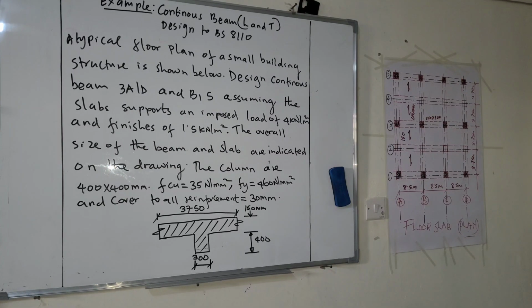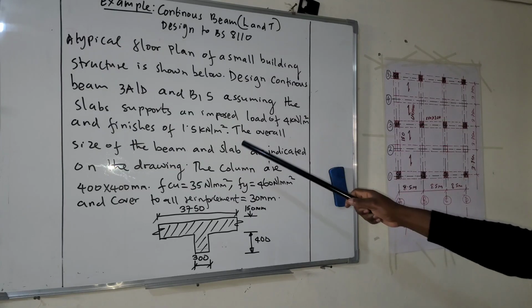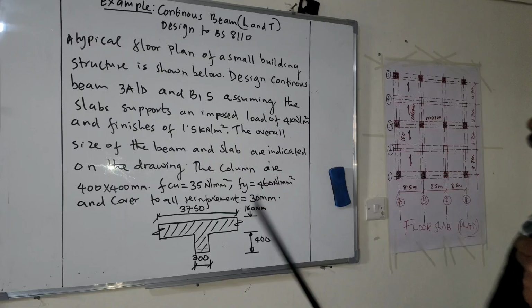So this is the floor plan, floor slab plan. So this is the arrangement of column, as you can see, and then the wall. So we have been told to design a continuous beam 3AD.